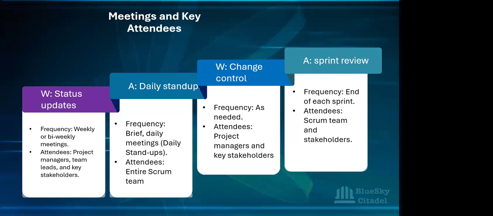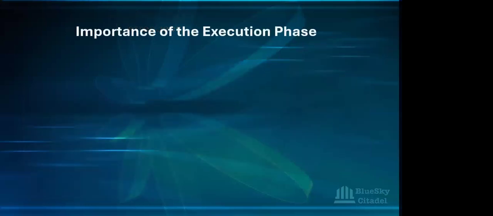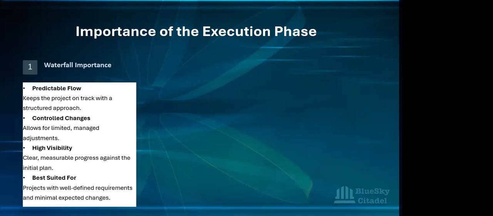Okay, so these are just some of the meetings and key attendees. I just want to summarize and reiterate the importance of the execution phase, both in Waterfall and in Agile. In Waterfall, this stage is crucial to maintaining the critical flow and ensuring that the project stays on task.